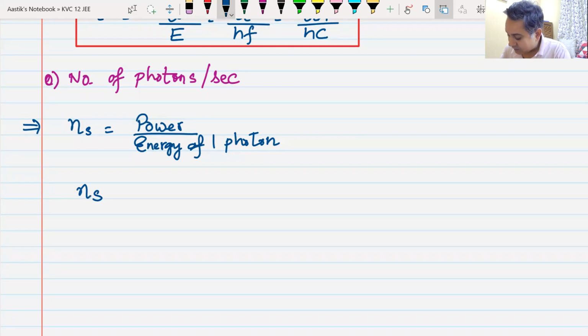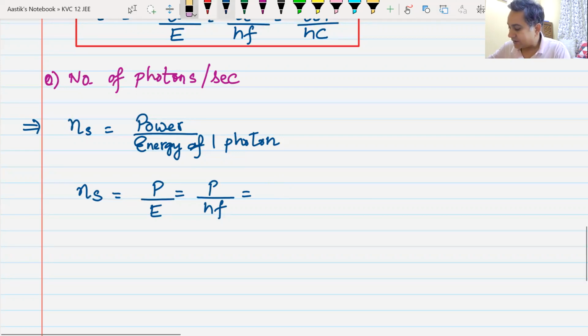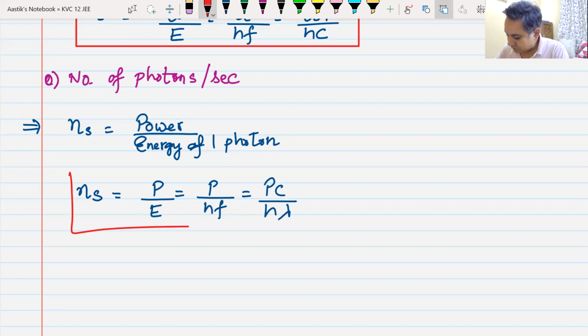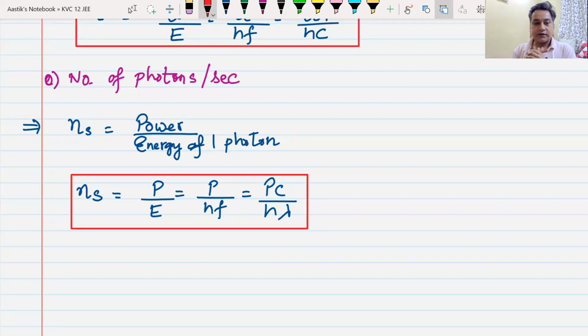Number of photons falling in 1 second is P divided by E, P divided by HF, or you can write it as P into C divided by H into F, H into lambda. HC by lambda.